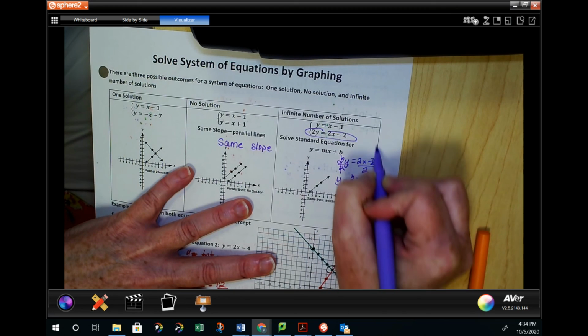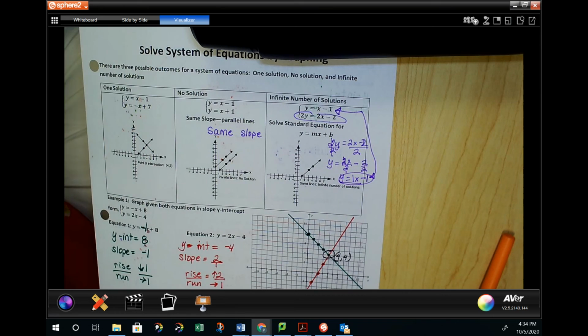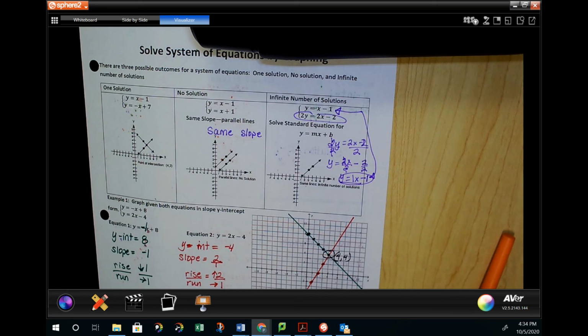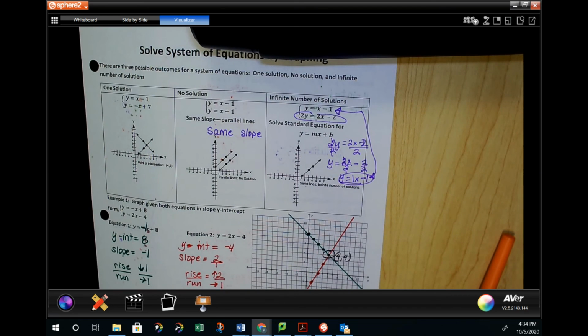So notice this is really the same thing. That's why it would be the same exact line. It's just written a little differently. It's like when you come to school versus when you go to a fancy dance, you're just dressed up a little bit. That second equation is the same equation, just dressed up a little bit differently.